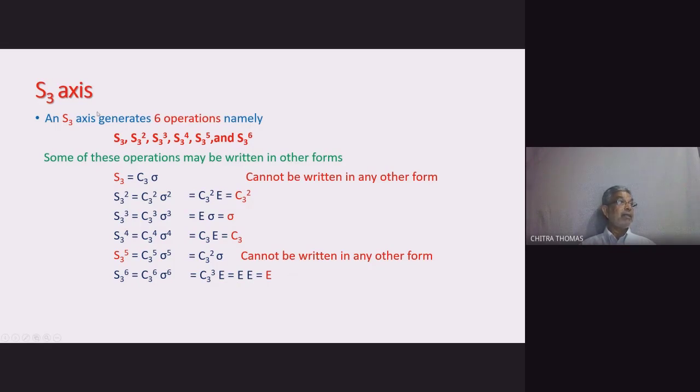So the 6 operations generated by the S3 are S3, then C3², sigma, C3, then S3⁵ and identity. You list all these operations.